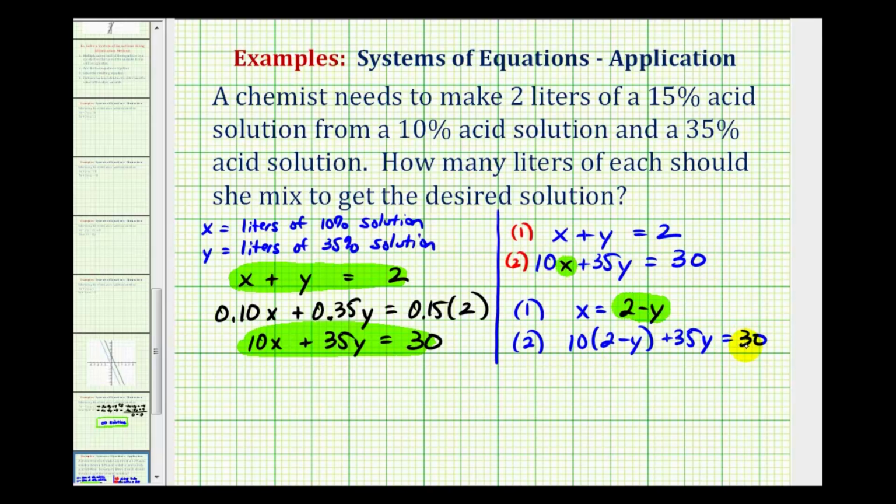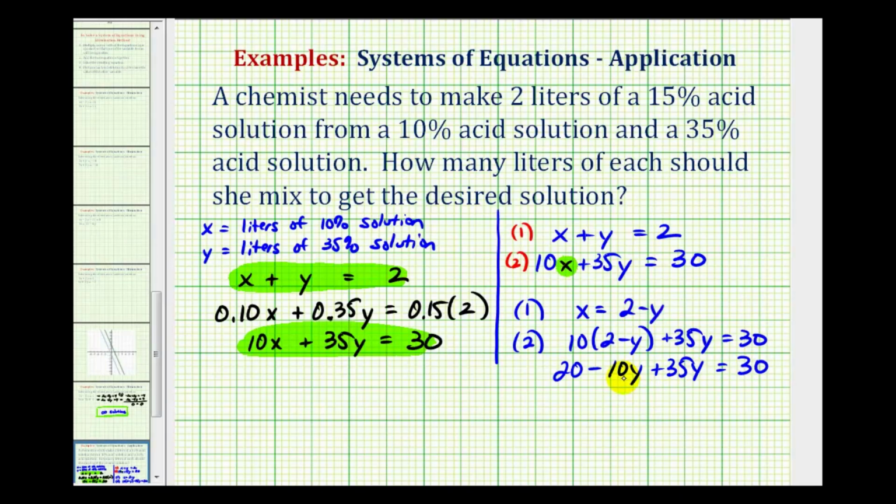And now we have one equation with one variable, so now we'll solve for y. We have 20 minus 10y plus 35y equals 30. Well, here we have two y terms, so we can combine these two terms. Negative 10y plus 35y is 25y, so we'll have 20 plus 25y equals 30.